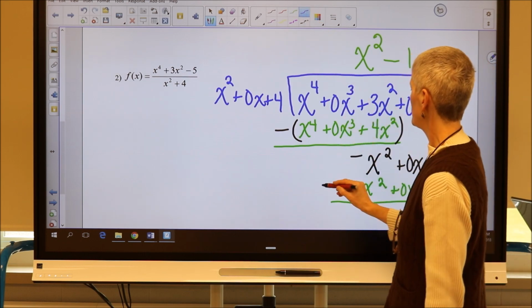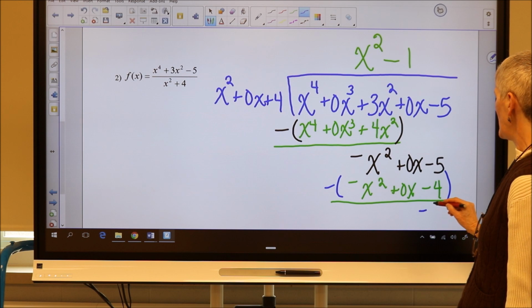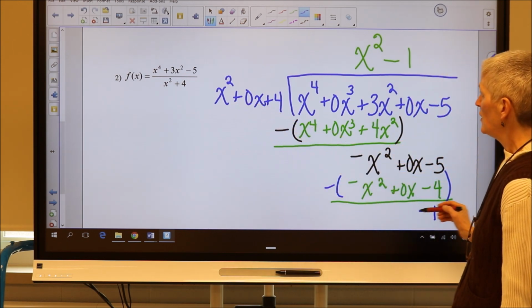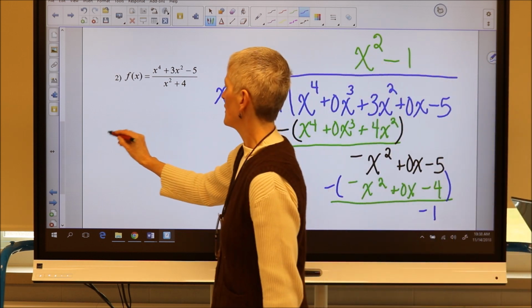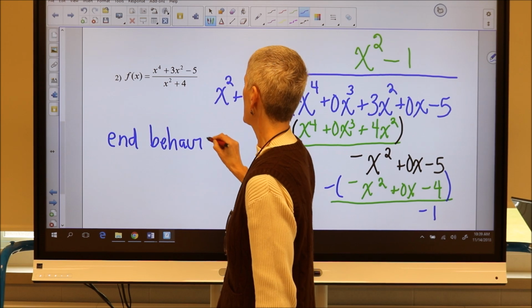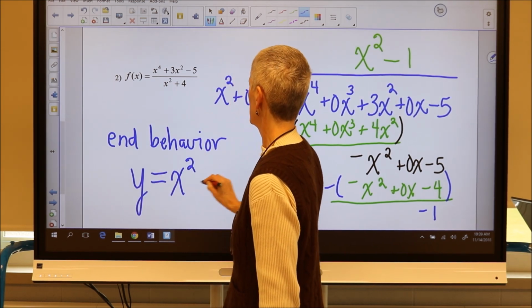And I'm going to subtract. That goes away, and I have a -1 remainder. But I'm done. I'm done now. So there's my end behavior. So my end behavior in this case is going to be described by this quadratic.